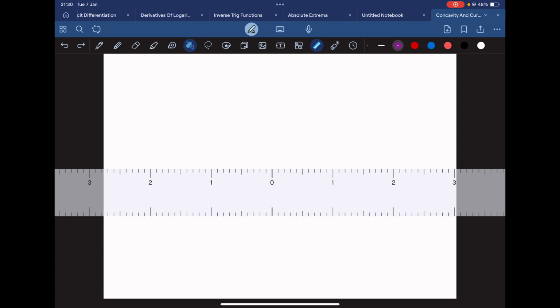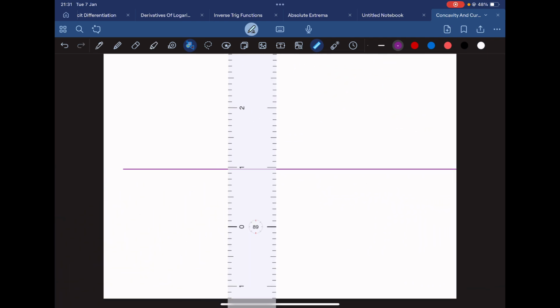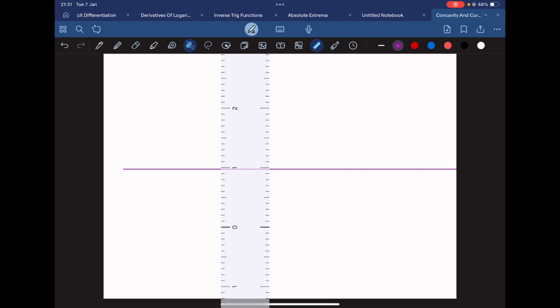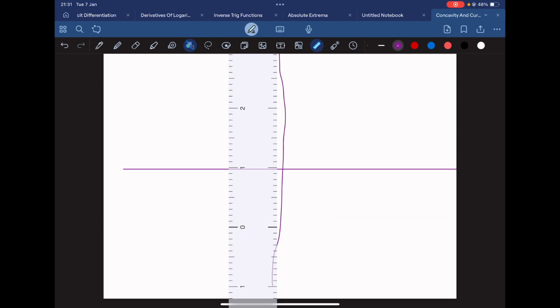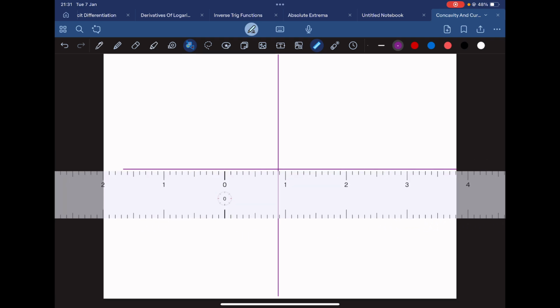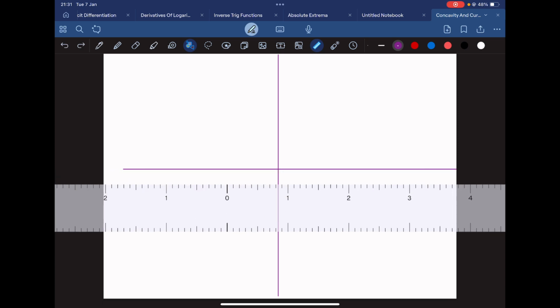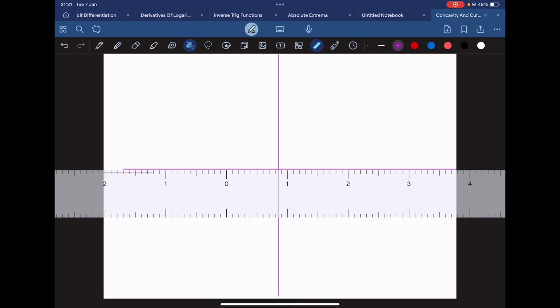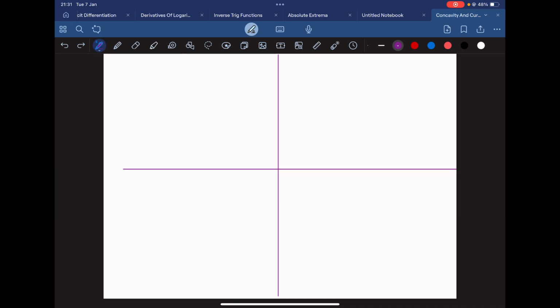So now let's draw our graph. Okay, so we have, let's say 0, 1, 2, 3, 4, and 5.